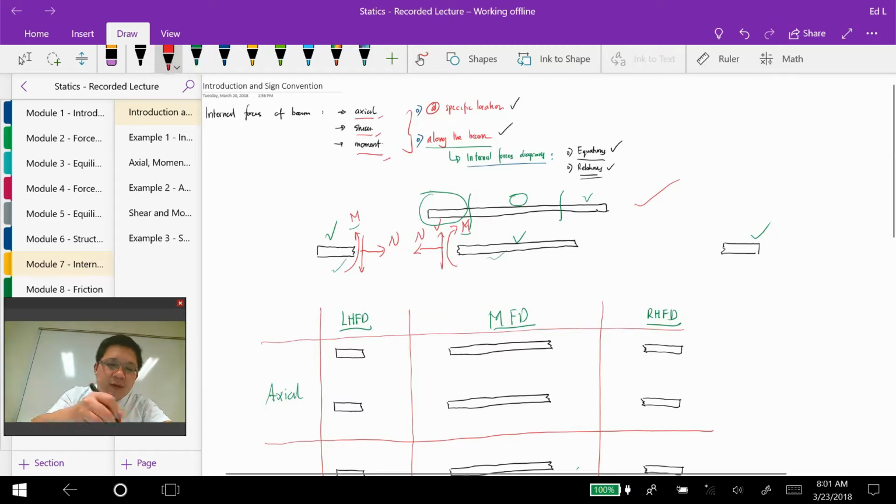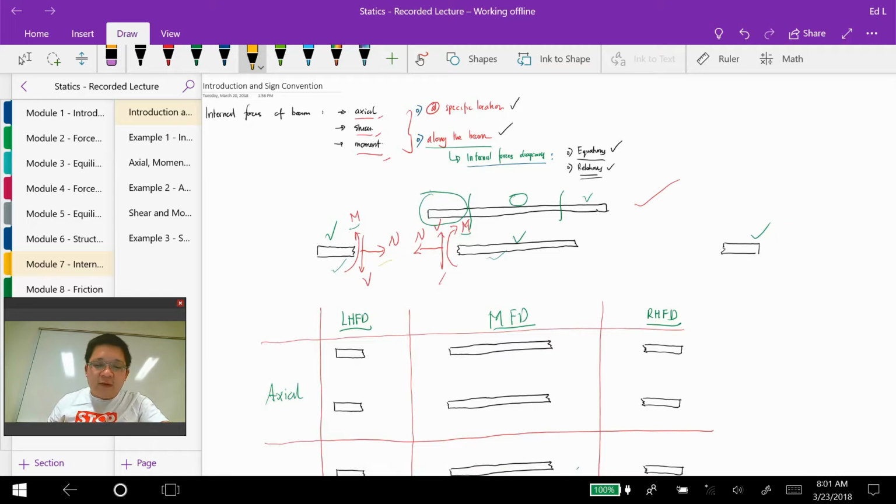Similar things with the shear. In the left hand piece it's going down, and in the middle piece on the left hand side it's going up, so when I combine those two pieces together, they cancel out each other. Similar with the axial force.